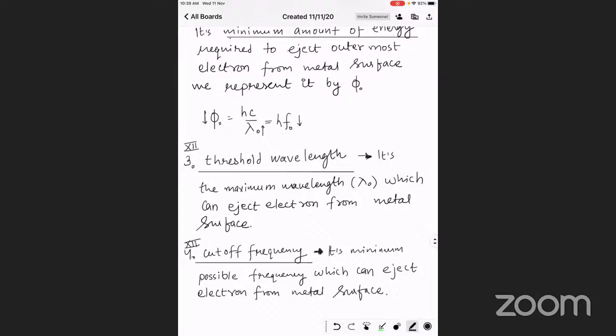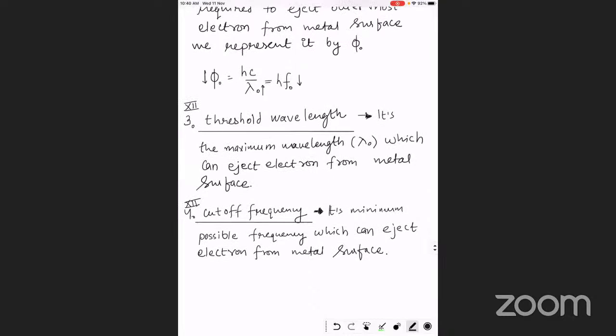Understood? Understood everyone? Any doubt till this? आगे बढ़े?